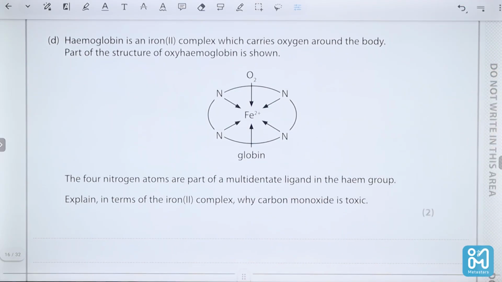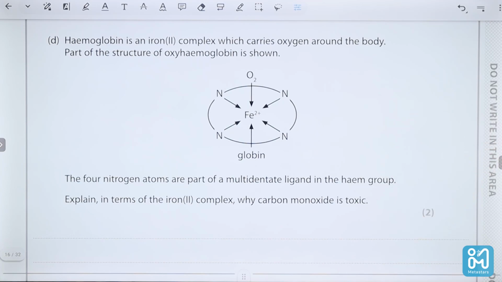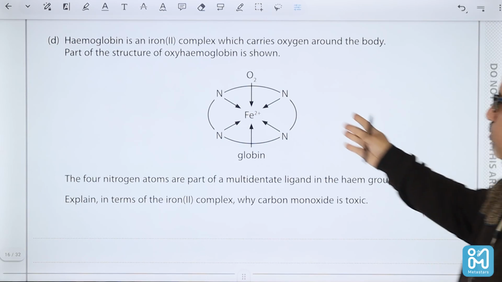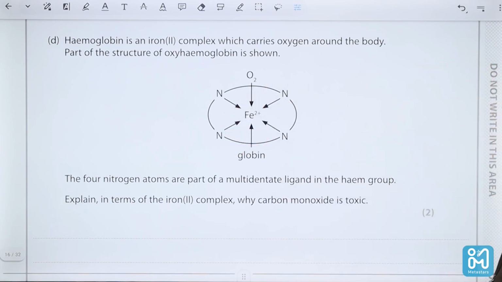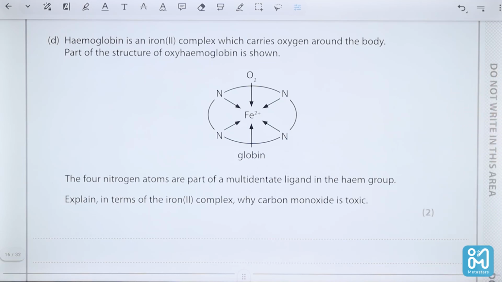Hemoglobin is an iron 2 complex which carries oxygen around the body. Part of the structure of oxyhemoglobin is this one, where the polydentate globin is this one. The 4 nitrogen atoms are part of the multidentate ligand in the heme group. Explain in terms of the iron 2 complex why carbon monoxide is toxic.